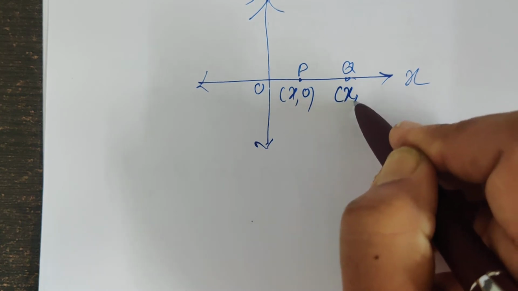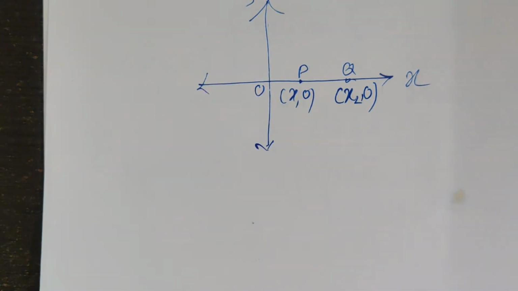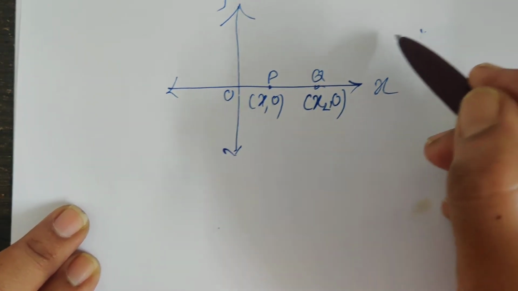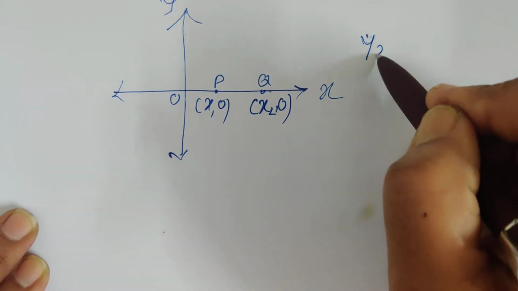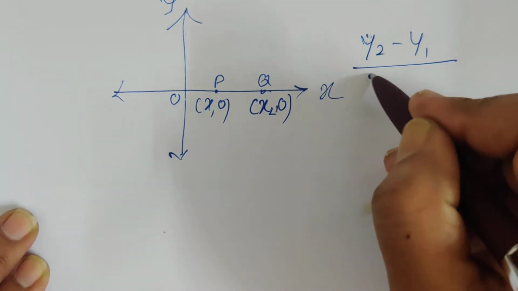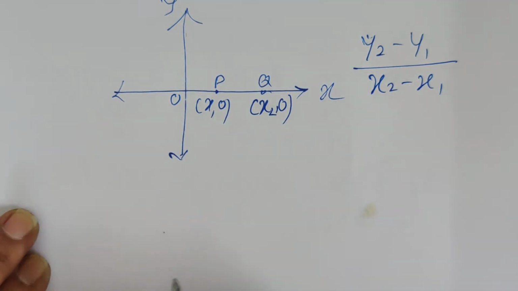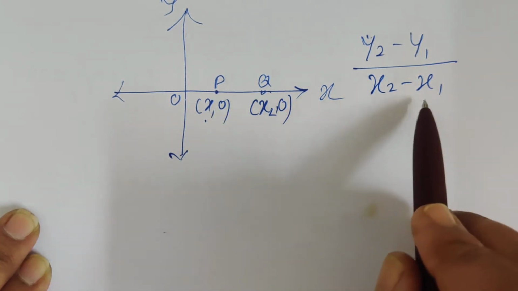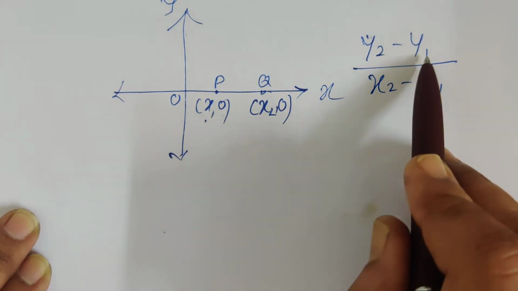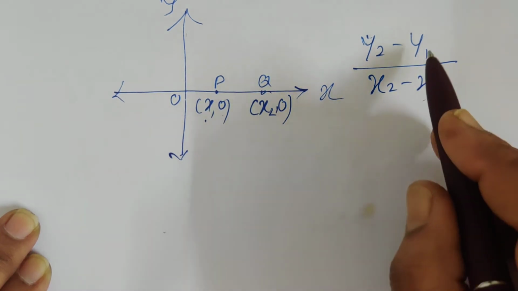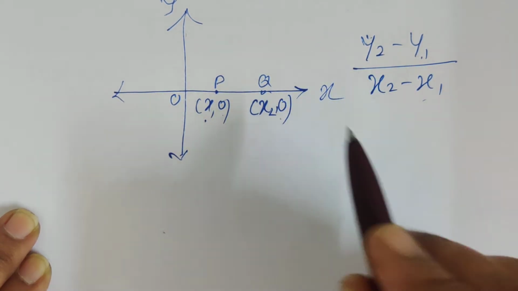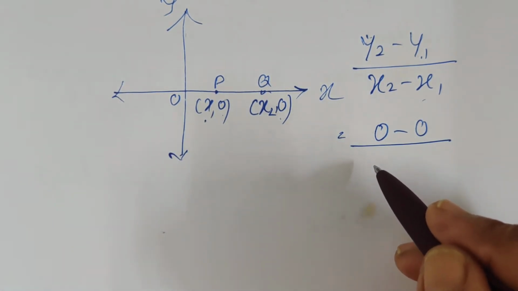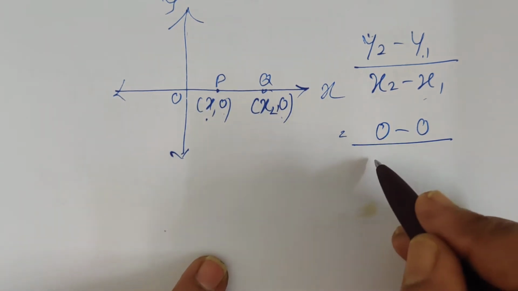Second point x2 and the y coordinate will be 0. If you put these values in this formula, y2 minus y1 upon x2 minus x1, where x1 is x1 and y1 is 0, and y2 is also 0, that means 0 minus 0 upon x2 minus x1.